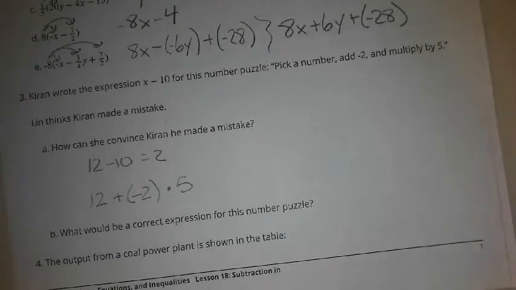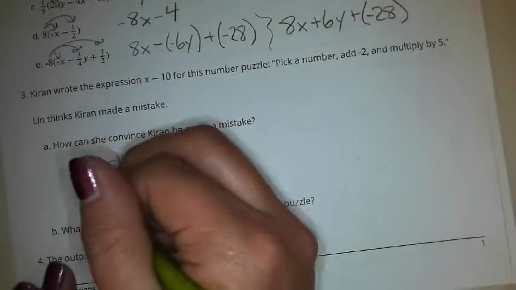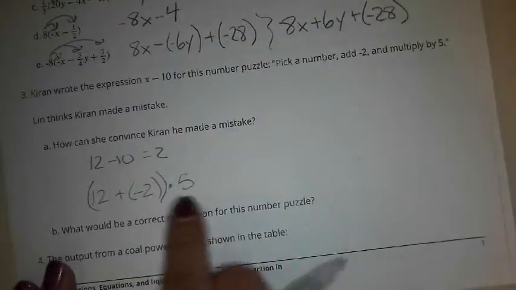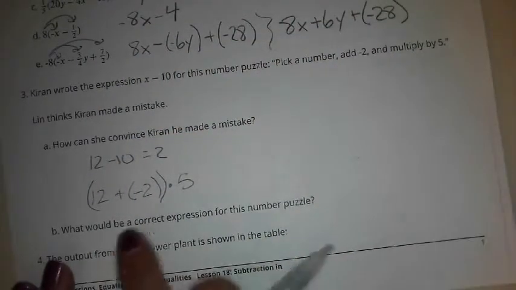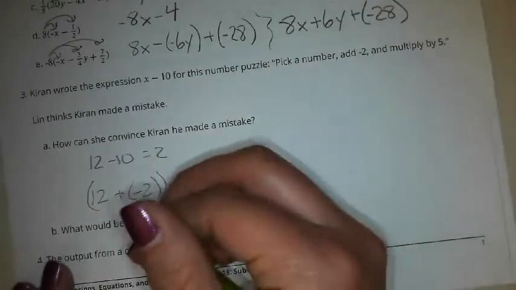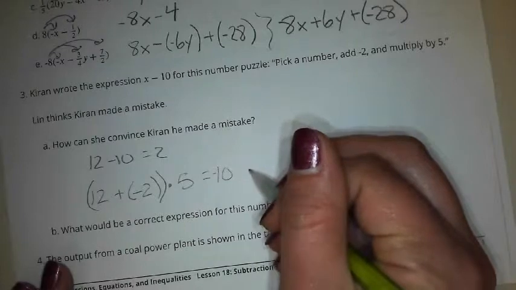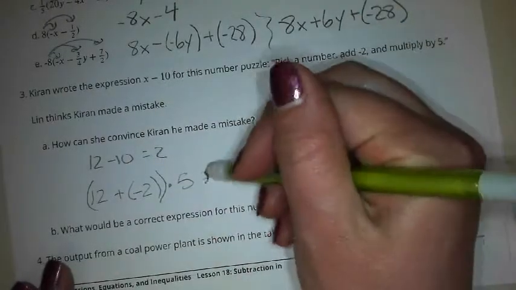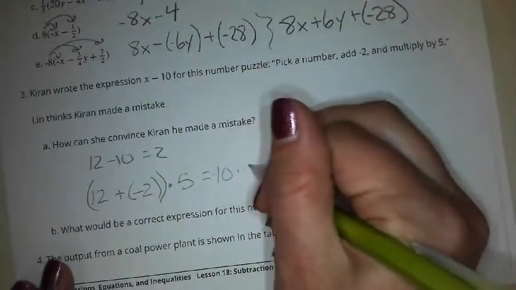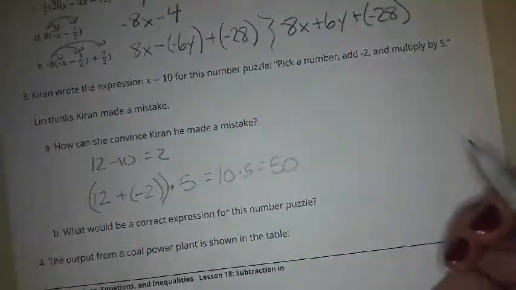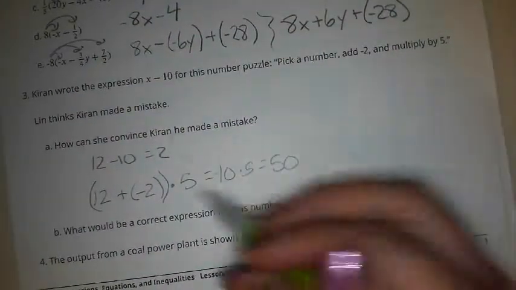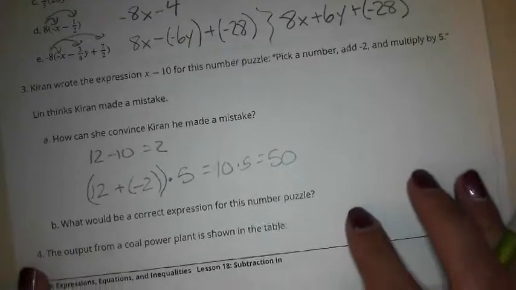Because of the way this is worded, I have to do this part first before I can multiply by 5. So I'm taking 12 plus -2, which is positive 10, times 5, so that would give me 50. So do these match? No, so she can convince them that way.